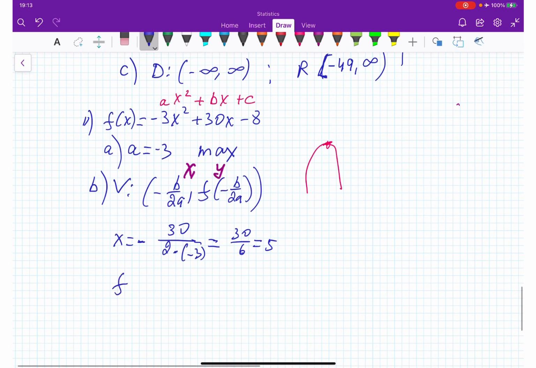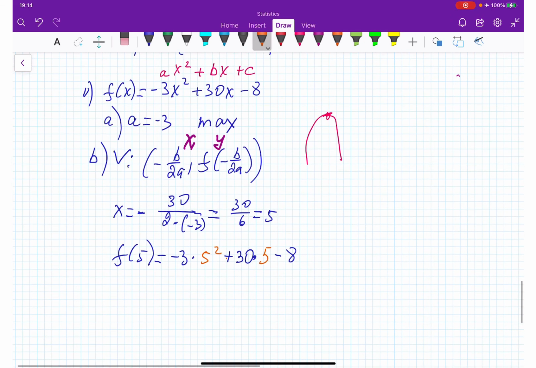Now f of 5 is going to be negative 3 times 5 squared, plus 30 times 5, minus 8. So first of all, 5 squared is 25, 25 times negative 3 is negative 75, plus 150 minus 8.